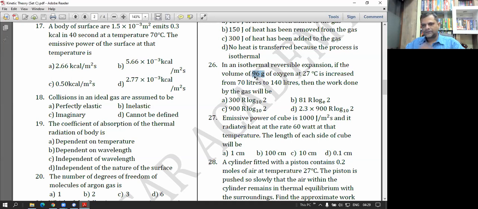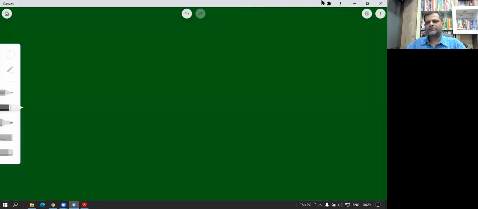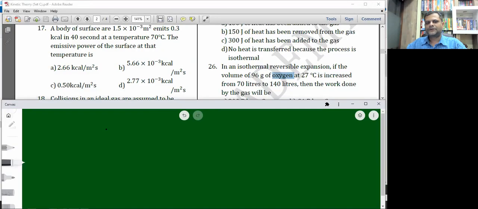Okay, and isothermal expansion बोला है और ऑक्सीजन भी बोला है ना. ऑक्सीजन मतलब उसका मोलर मास तो हमको मिल जाएगा आराम से, तो उससे नंबर ऑफ मोल्स मिल जाएंगे देखो, and then we'll be able to calculate the work done.